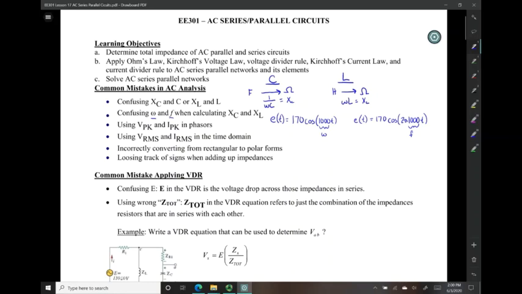Alright, so next, a lot of the time we confuse voltage RMS with voltage peak values, similarly current RMS and current peak values. When you are solving these problems, you need to have them in RMS terms, which are attached to the phasors.